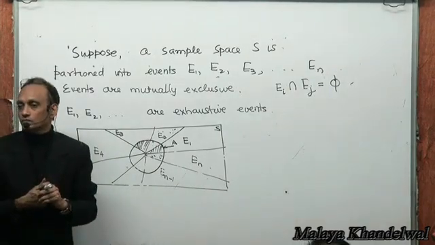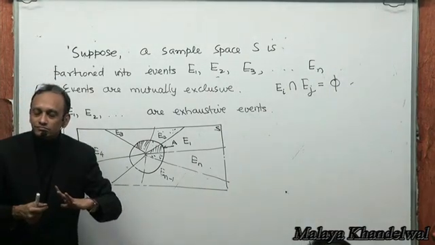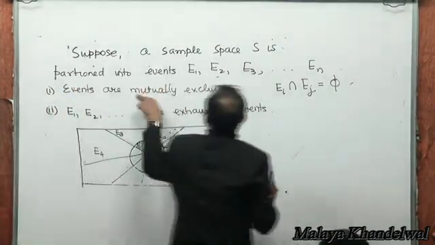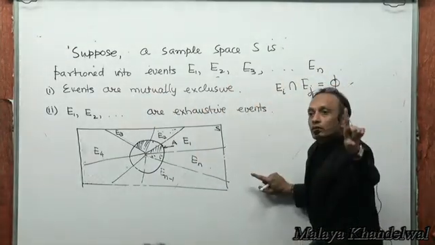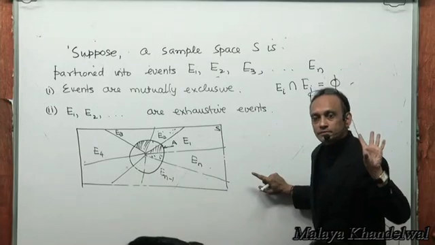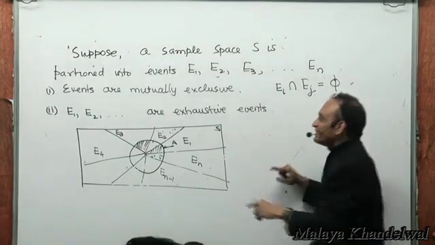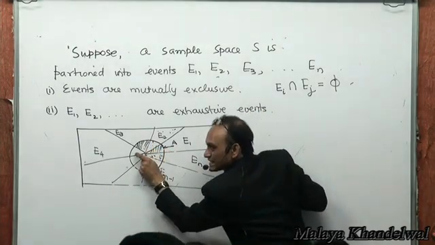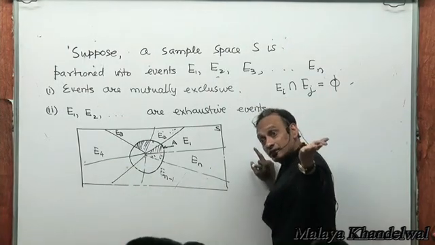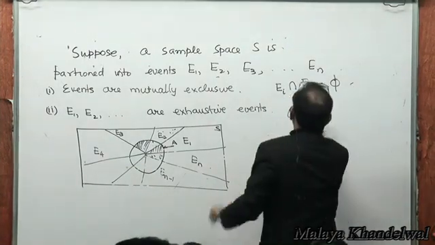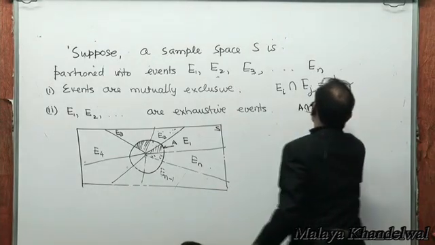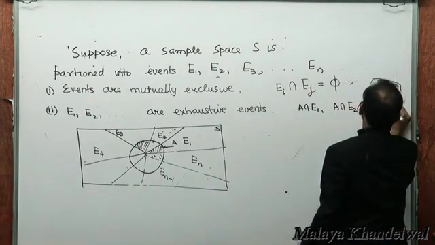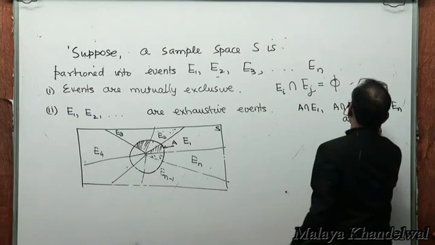Yes or no? Now, if E1, E2, E3, En are mutually exclusive, would you not want to believe that A intersection E1, A intersection E2, A intersection E3, A intersection E4, up to A intersection En are also mutually exclusive events? Right? Yes or no?